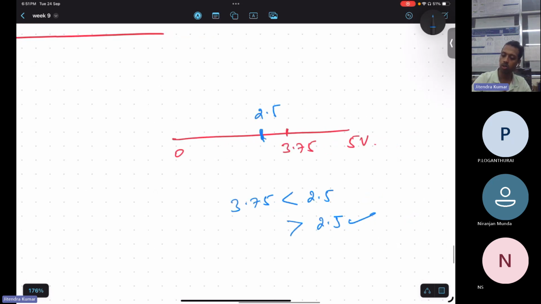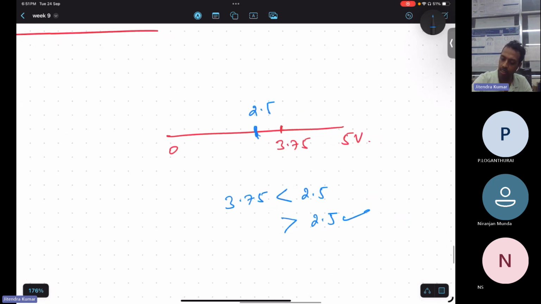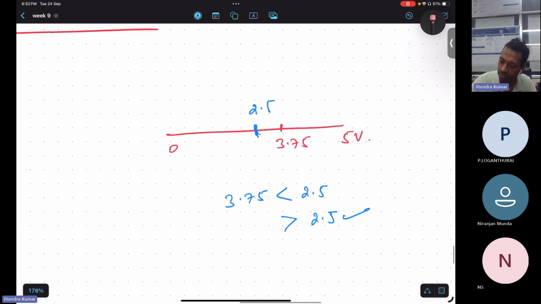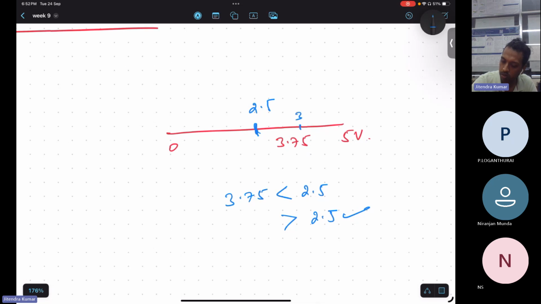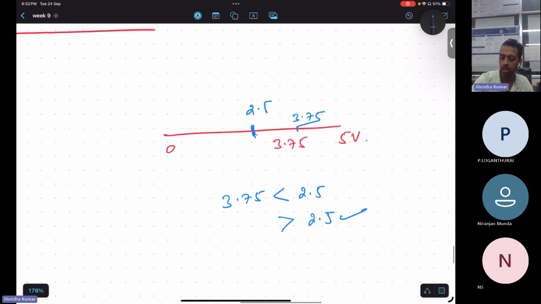So now what will it do? It will again apply binary division and halve the range. The half of 5 and 2.5 is 3.75, and if it sees that 3.75 is our requirement, then it will give you the output.